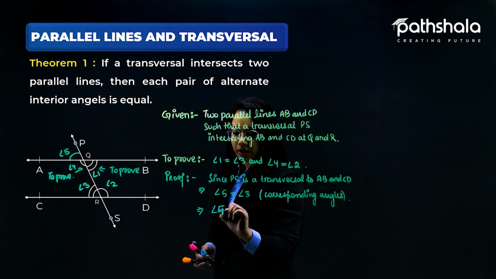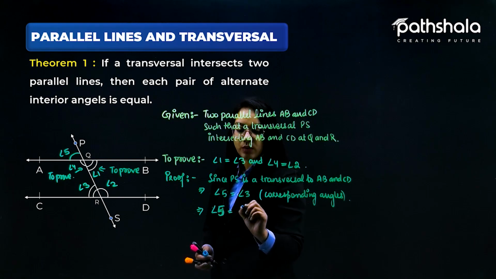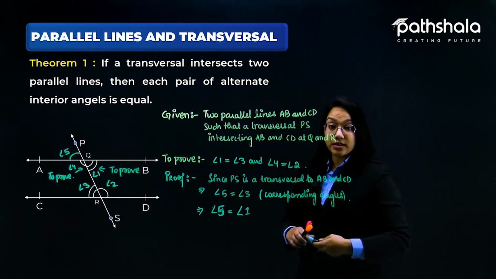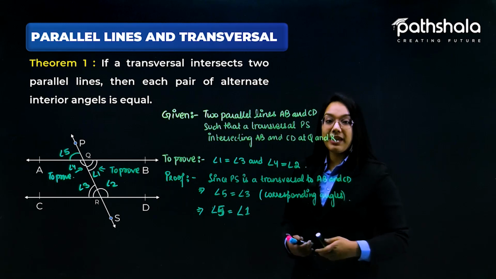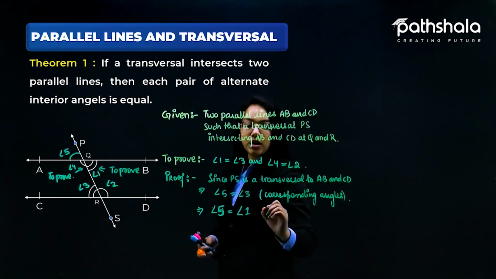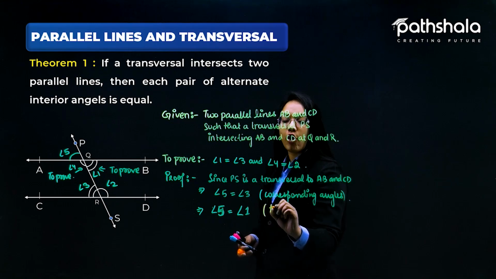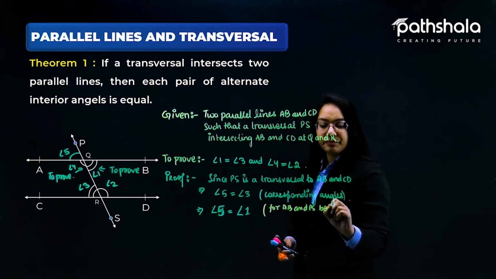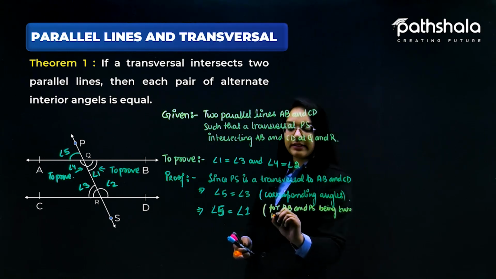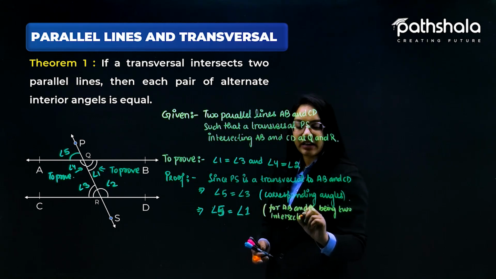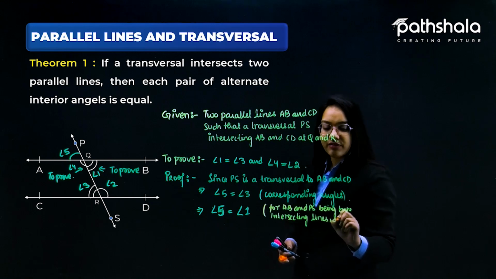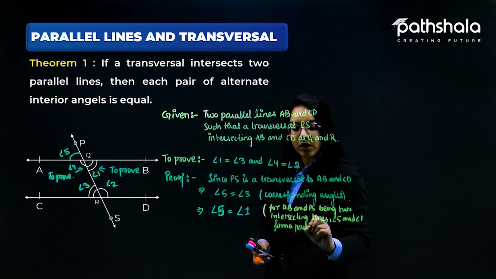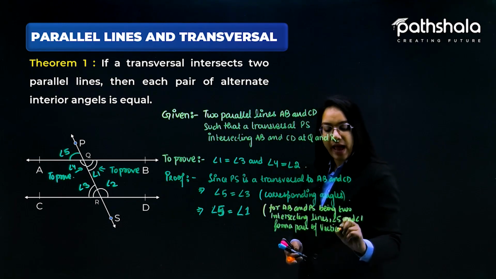Because, if we talk about the two lines AB and PS, for AB and PS being two intersecting lines, angle 5 and angle 1 form a pair of vertically opposite angles.